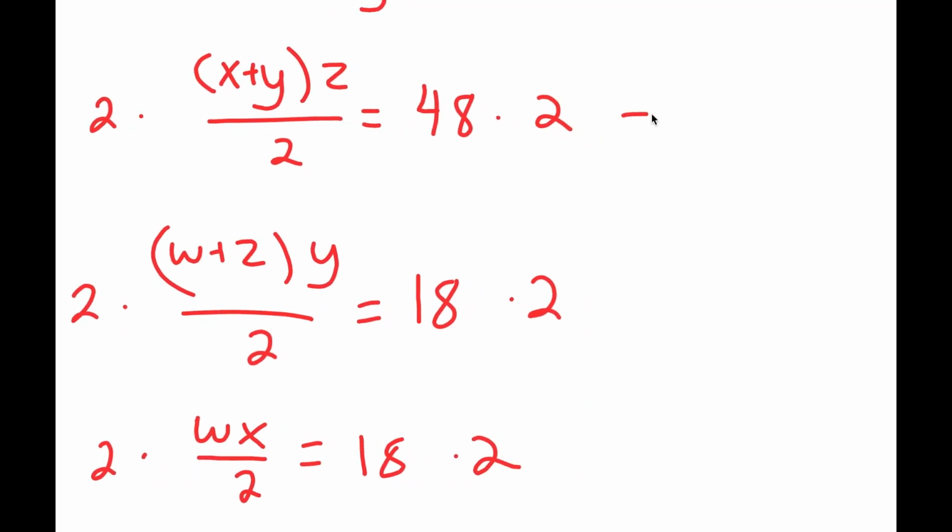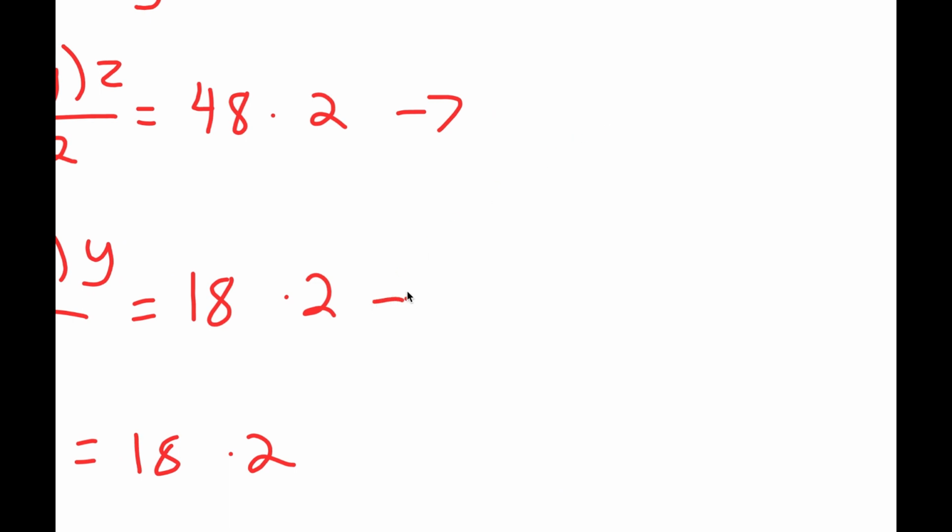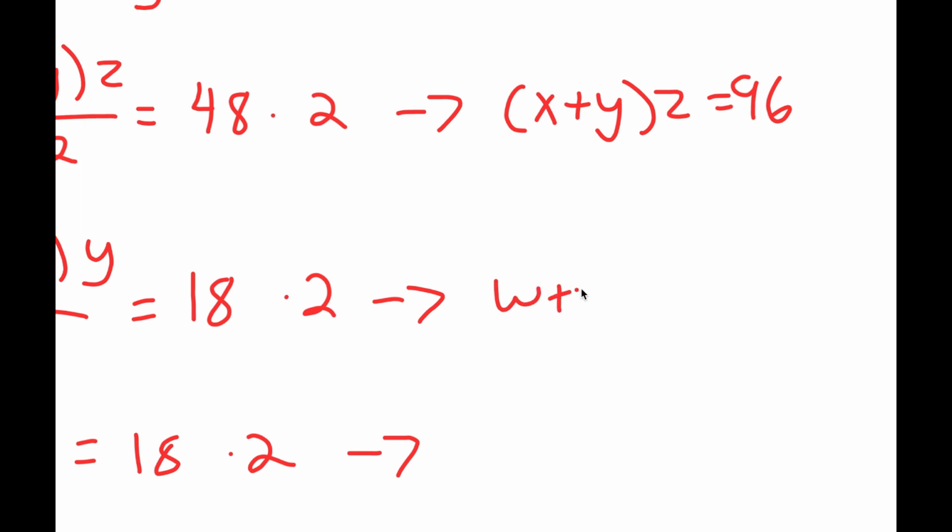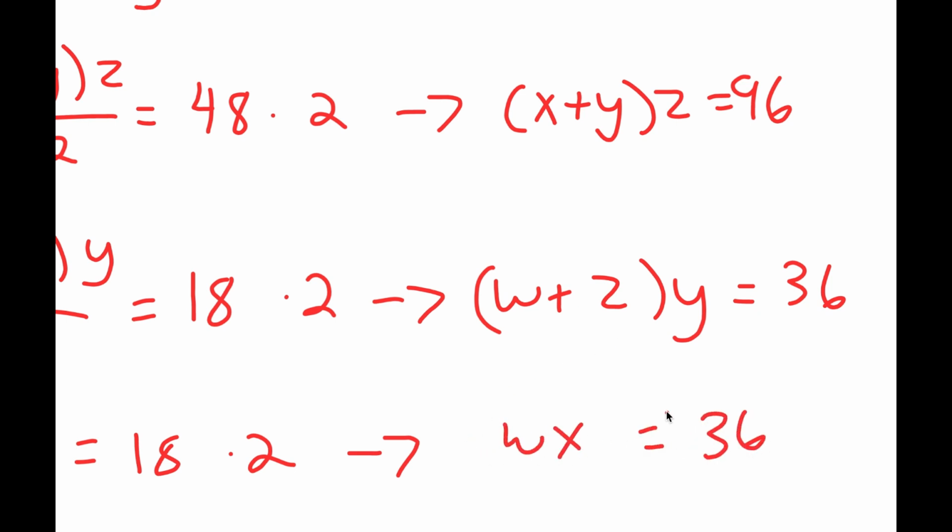So now they turn into x plus y times z is equal to 96, w plus z times y is equal to 36, and w times x is equal to 36.